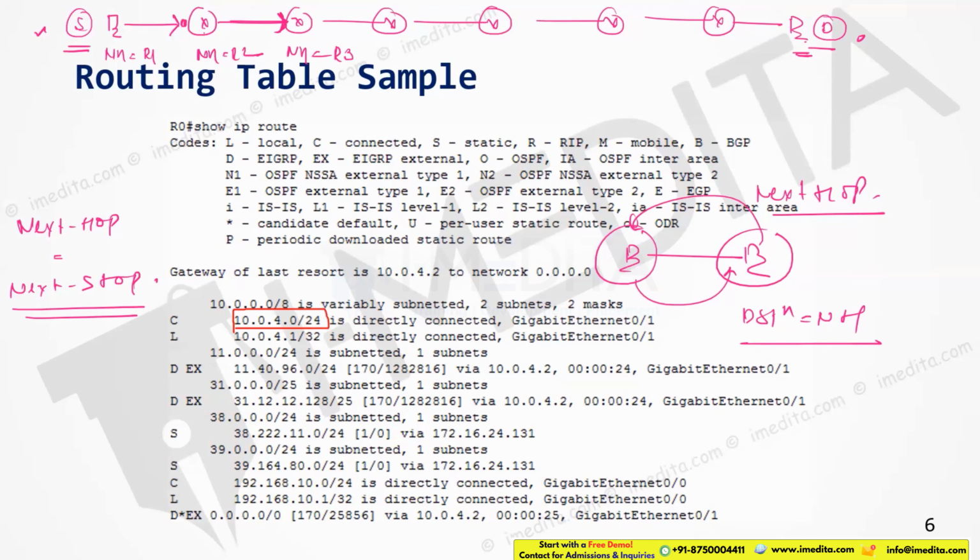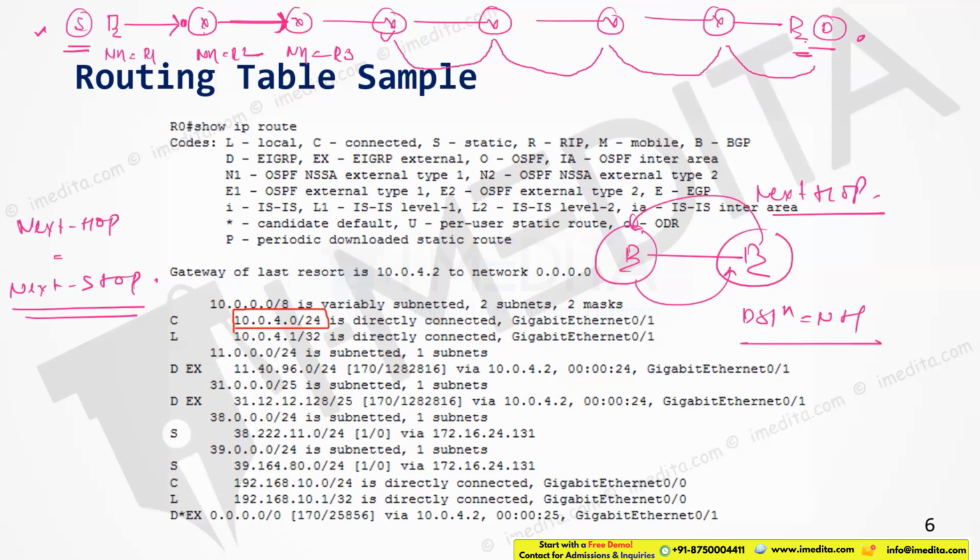From router 3's point of view, the next hop is going to be router number 4. Then from router 4, it's router 5, then router 6, then router 7, and then eventually the packet will reach the destination.